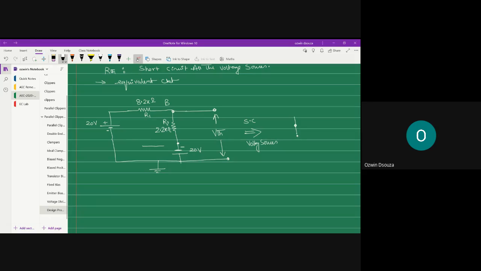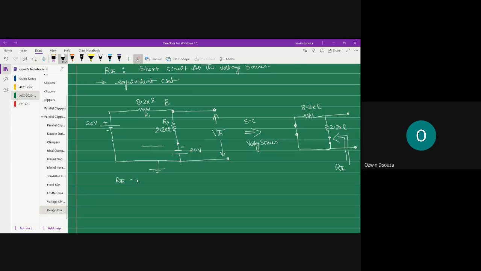The supply is short circuited, and you will have the 8.2 kilo ohm resistor and the 2.2 kilo ohm resistor. This 20 volt cell gets short circuited as per Thevenin's theorem. So finally, you are left with two resistors connected in parallel. When you look into the network from the open circuit terminals, you will get RTH.